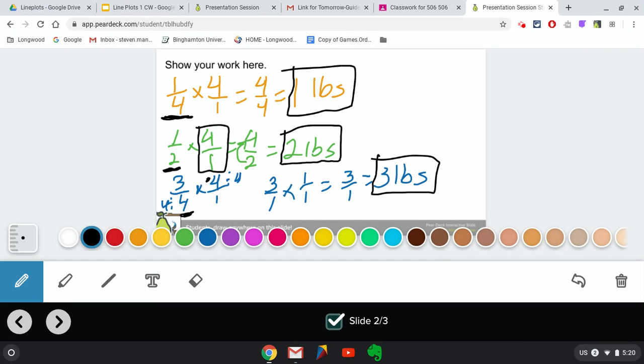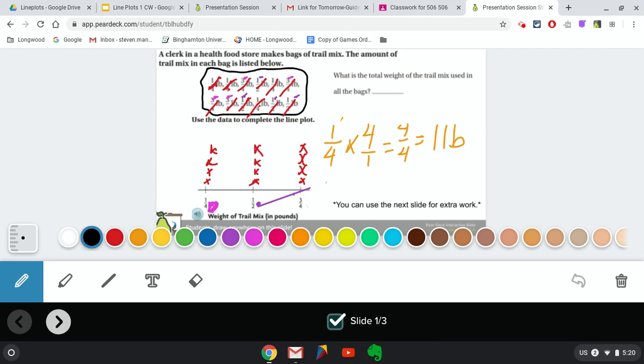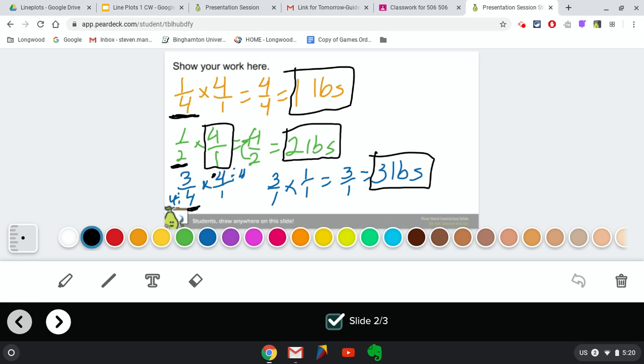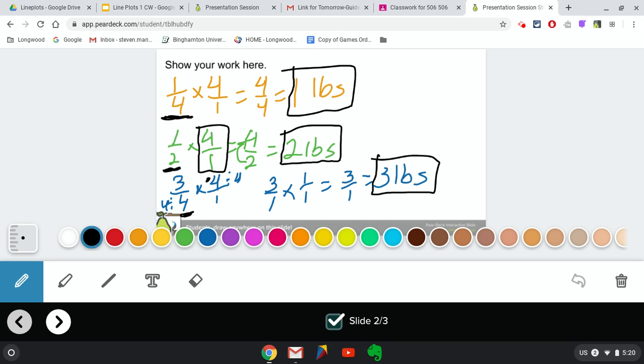Now, if I want to find out this first question, what's the total weight of the trail mix used in all the bags? I have the totals for each one, right? The 1/4 pound bags were 1 pound, the 1/2 pound bags were 2 pounds, the 3/4 pound bags, the total of them were 3 pounds.